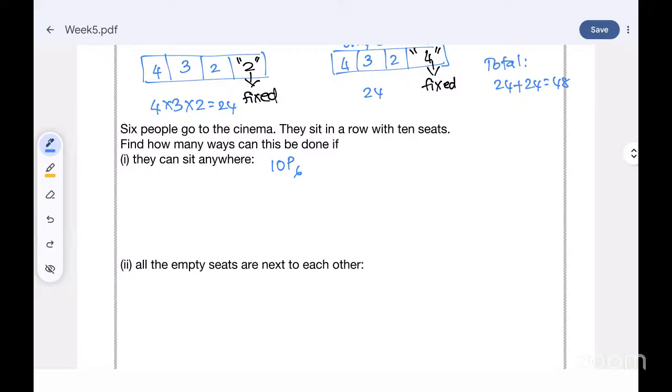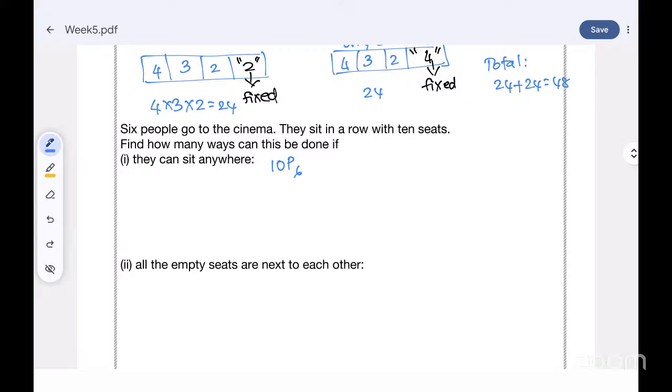Now out of the 10, you have some empty seats and all of them are together. What should be done? We can club those empty seats into one object. Then we have 6 plus 1, that is 7. So 10P7? What you are saying is more or less correct.